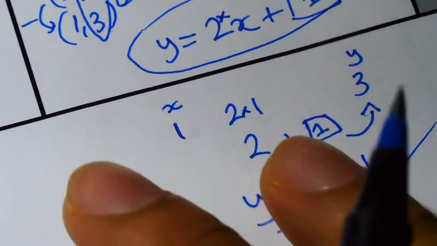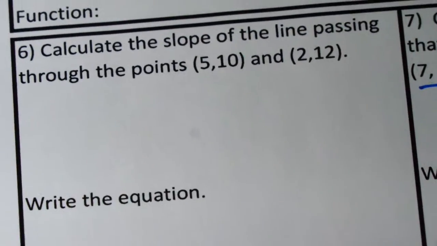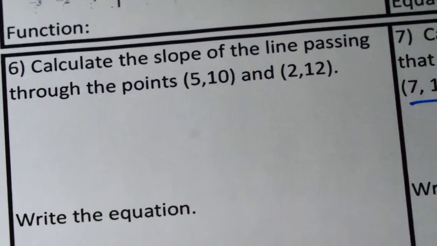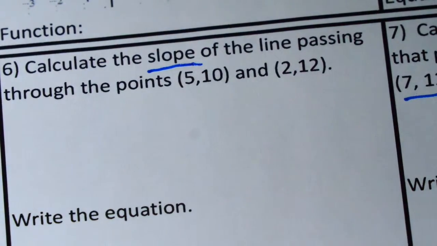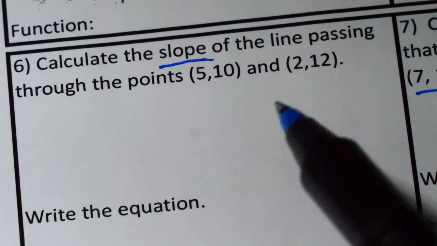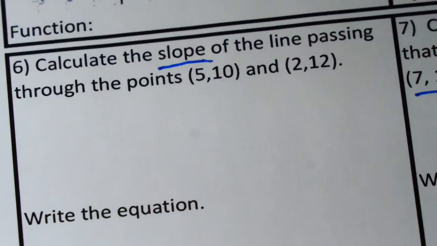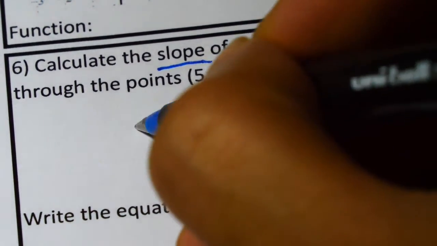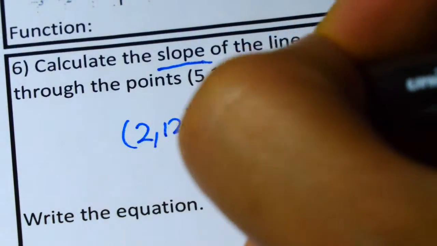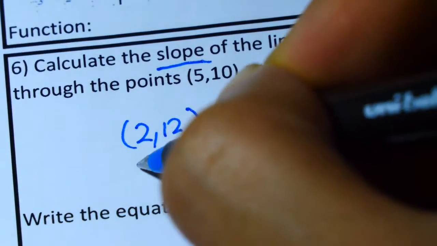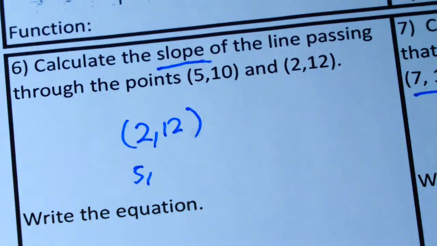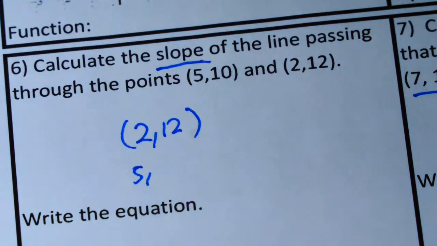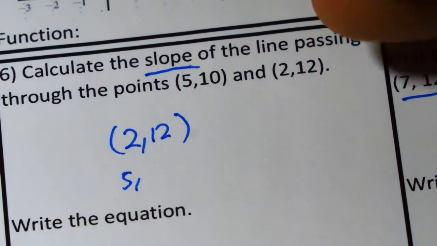Okay, now let's look at question 6. Calculate the slope. So we have to find the slope of the line passing through these points. So I'm going to put the bigger one on top. I will choose this one. 2, 12, 5, 10. Oh, I'm going to change this question actually, to make it easier.